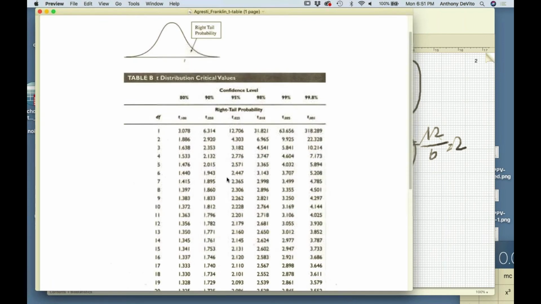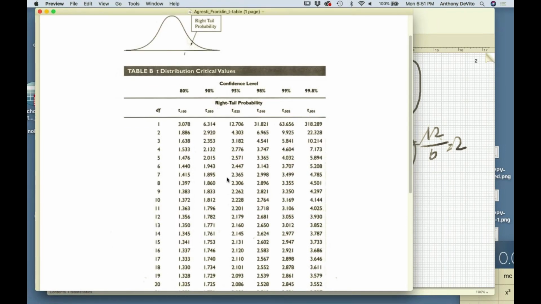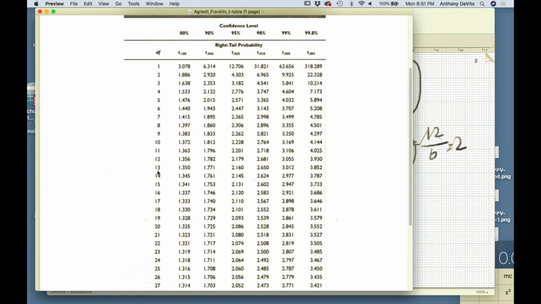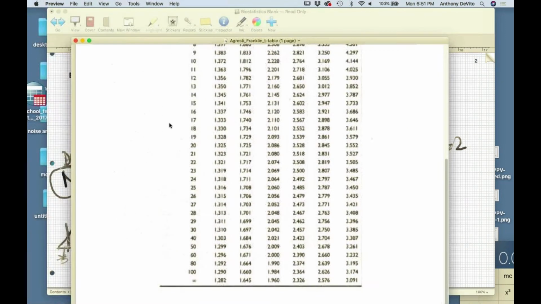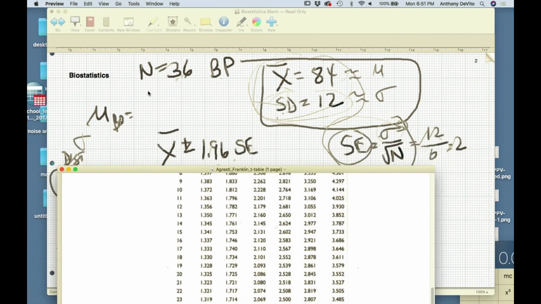So for our confidence interval, instead of using 1.96, we need to use the t-value that corresponds to a 95% confidence interval, 2.5% in either tail, on the left and on the right side. This one says right, but it's symmetrical on the left also. And we need a sample size appropriate for the analysis that we're doing, which is a sample size of 36.